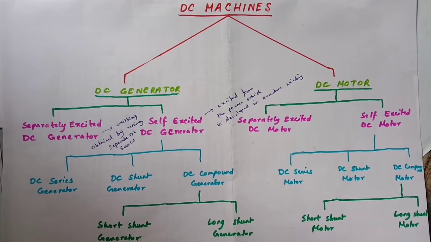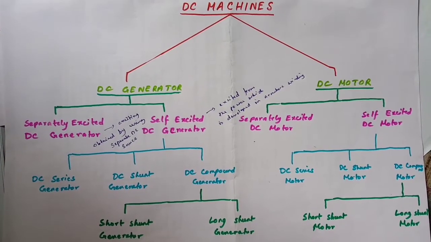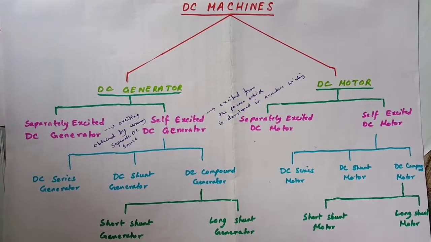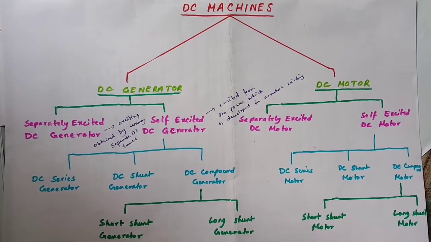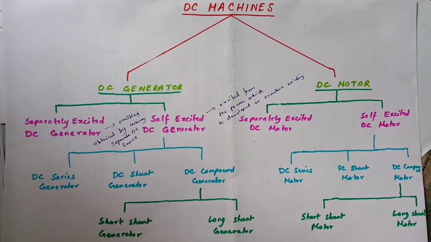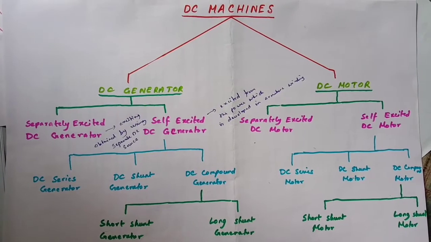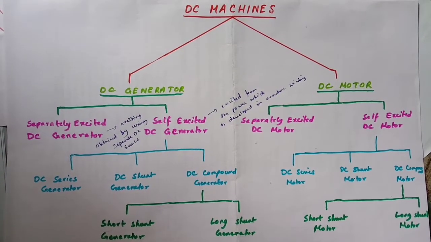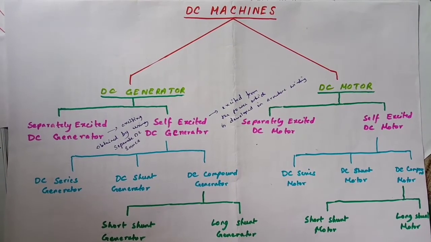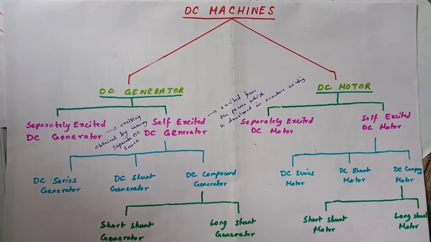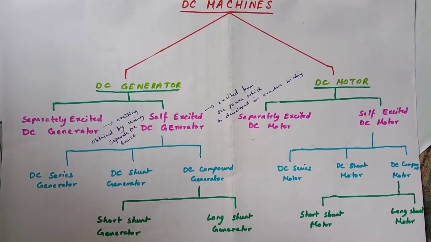In case of a DC series machine, the field winding is in series with the armature winding, and in case of a DC shunt machine, the field winding is kept parallel to the armature winding. And the DC compound machine consists of two windings. One is connected in series and the other is connected parallel to the armature winding.